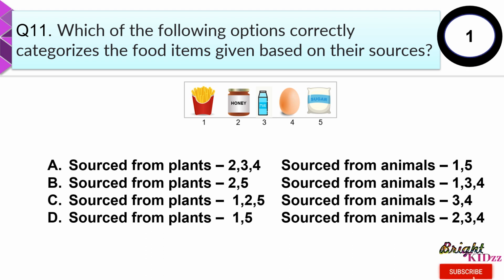Based on it, correct option has to be selected. Answer here is D. That is 1 and 5 are sourced from plants. These are French fries which are obtained from potatoes, and this is sugar, which is obtained from sugarcane. So 1 and 5 are sourced from plants. 2, 3 and 4 are sourced from animals. Honey by honeybee, milk by cow, egg by hen. So answer D is correct.